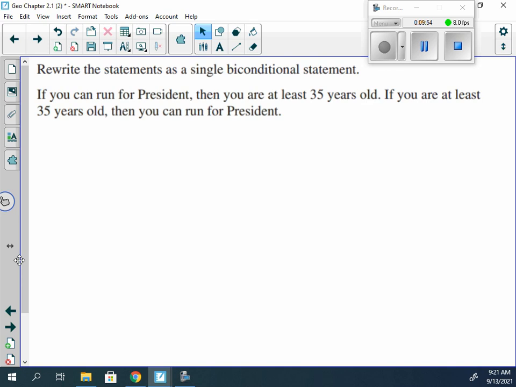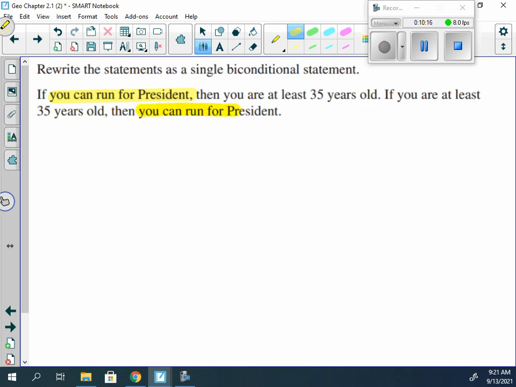So here, they do have two statements, yes? And we want to make it a single biconditional statement. So what are the two main parts? Well, let me get a highlighter. We have: you can run for president, yes? Because that's the hypothesis of the first one.